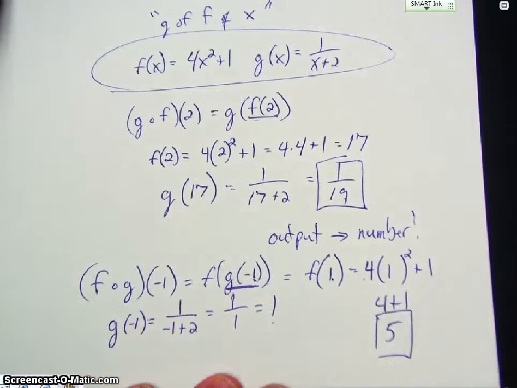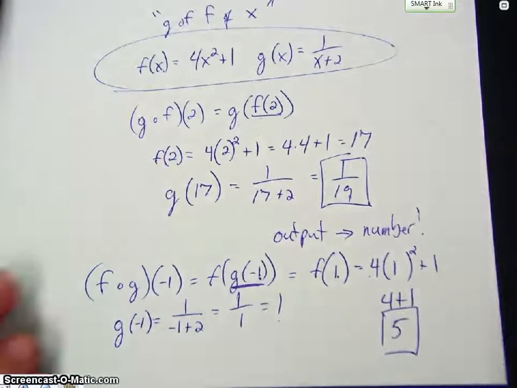And there's my numbered output. Okay. Let's try one more. I like this one. You'll probably see an extra credit problem on Google Plus similar to this type of problem.